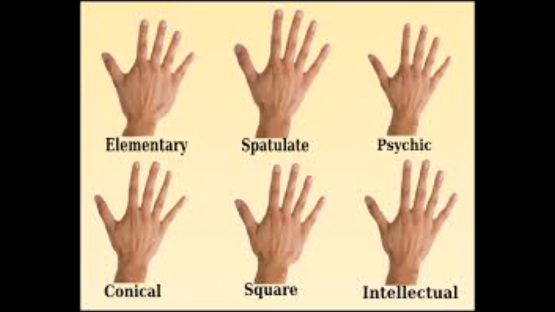If it is square, just as an example, a practical aspect will modify or regulate any idealism that might be on a pointed first finger or a spatulate third finger, which would partake in a speculative nature. This is the way to diagnose a thumb and finger relationship with a specific problem hand.